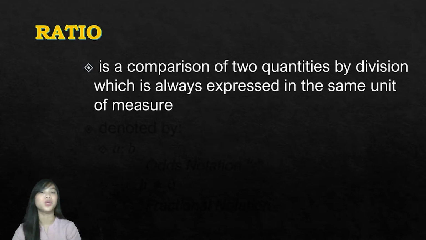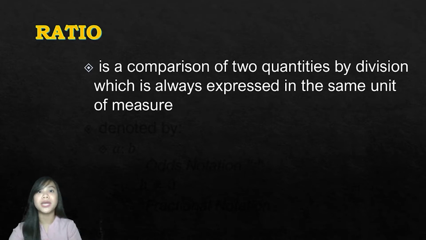When we are using the unit of peso for the first value, we need to compare it to another quantity which is also in pesos. When we have the division of those two quantities or values, we have the ratio.